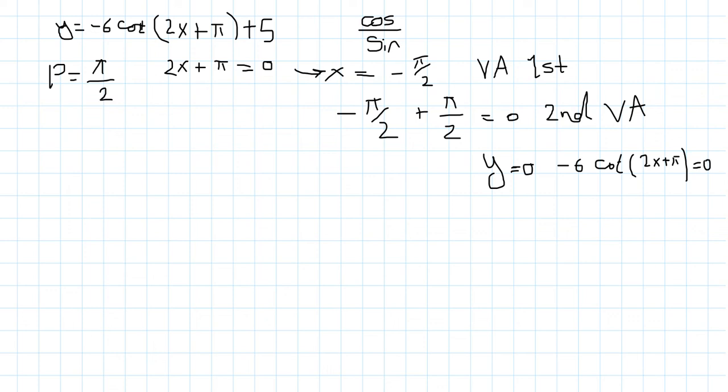So where is cot equal to 0? I know at x equals pi over 2, cot equals 0. Why? Because cosine is 0.